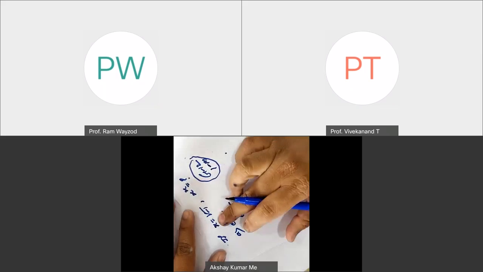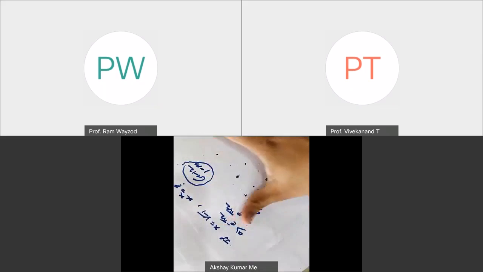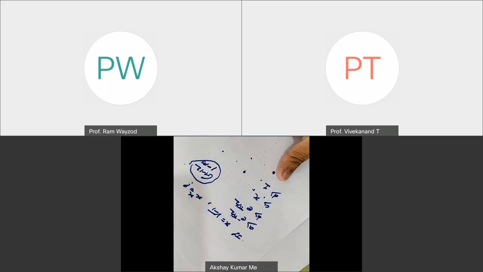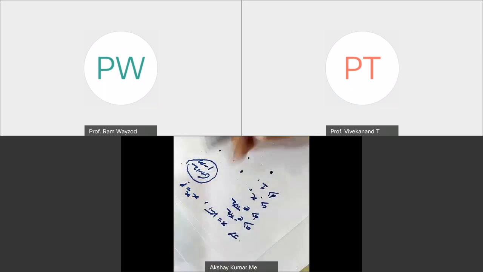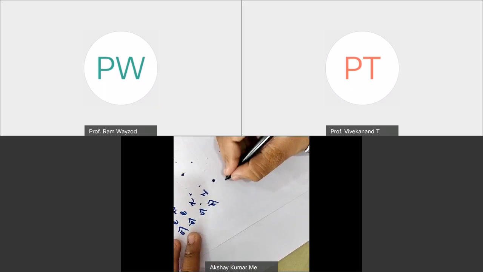So we have x is equal to root of minus 1, which means x is equal to i.